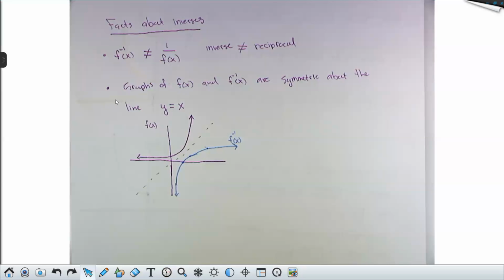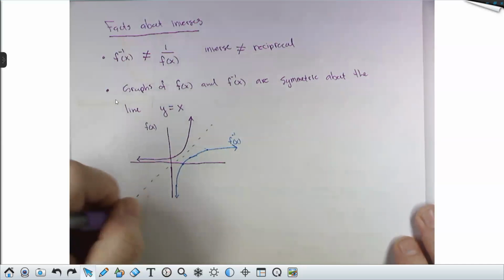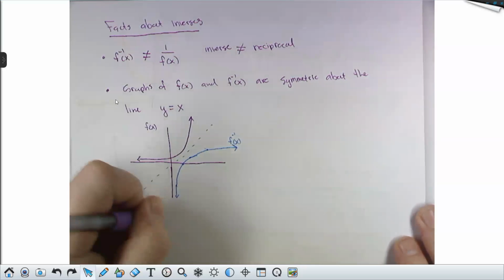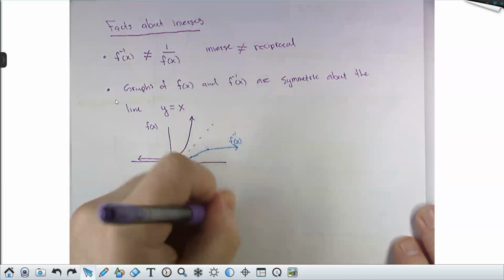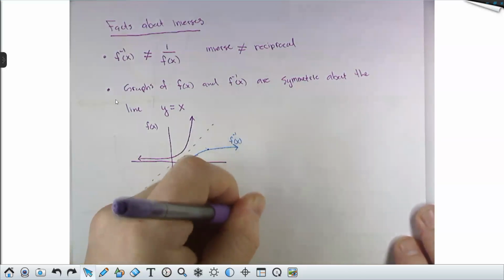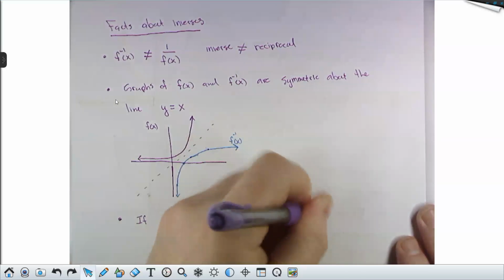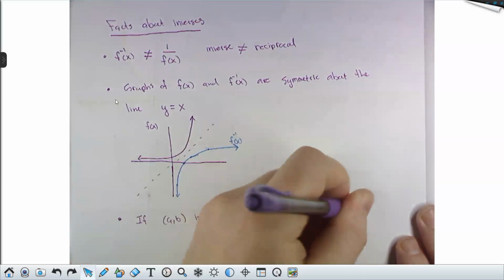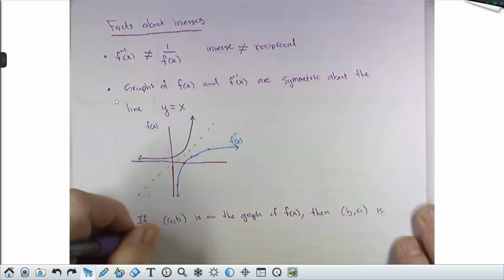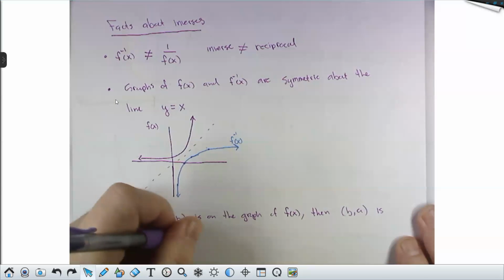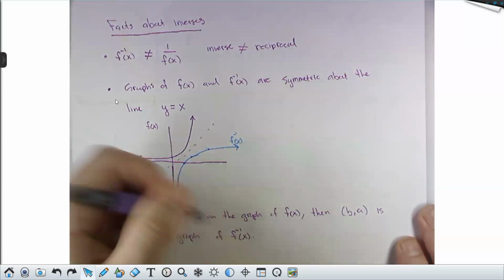Another way of saying the thing above is that if a comma b is on the graph of f of x, then the point b comma a is on the graph of f inverse of x.